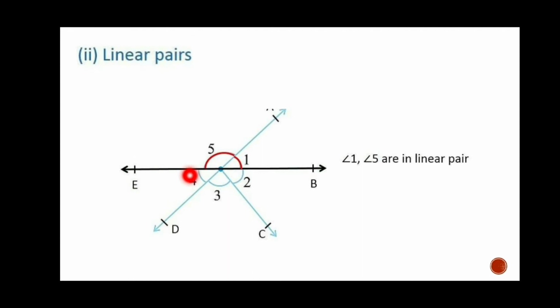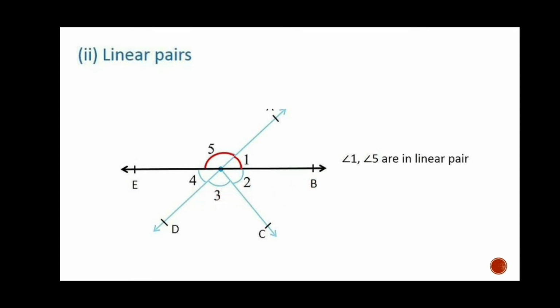Yes, and the angles formed on a straight line, angle 5 plus angle 1, will give you the sum of 180 degrees, and we know that they have a common vertex, they have a common side, and their non-common sides are opposite to each other, and they are making a straight line. So hence they are linear pair angles. These are the properties of linear pair angles, and we should remember them.